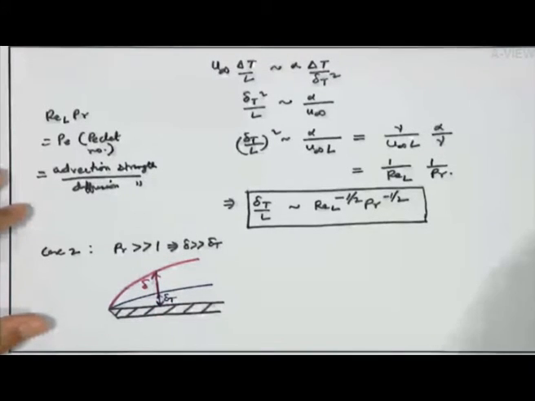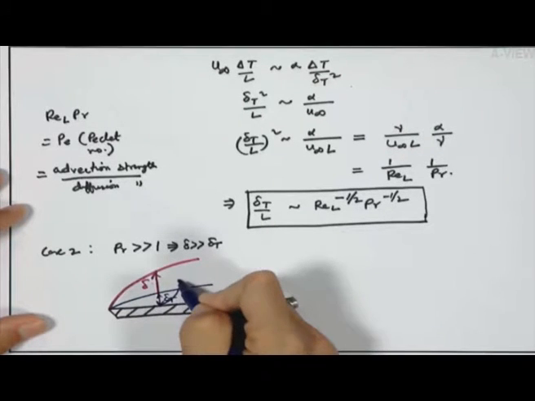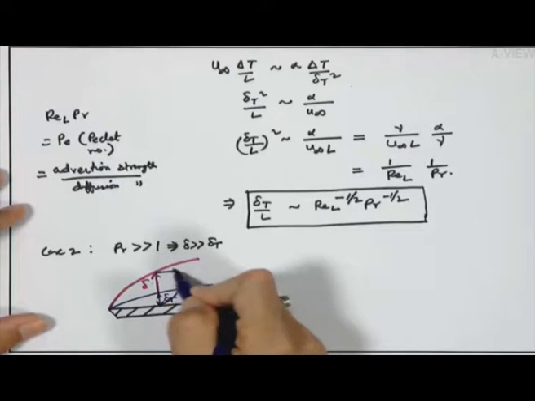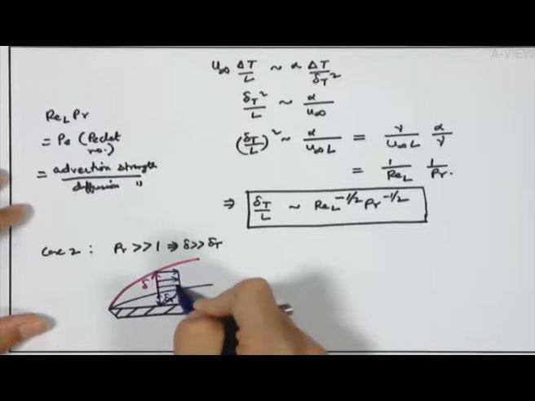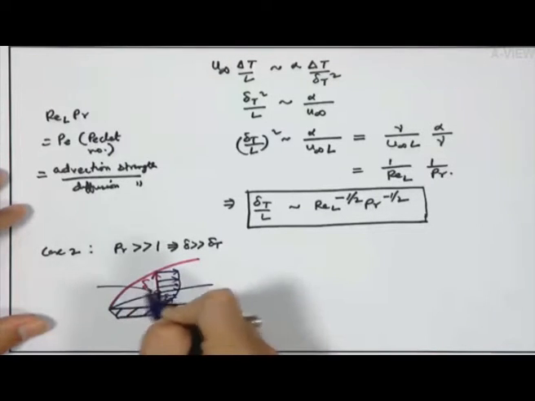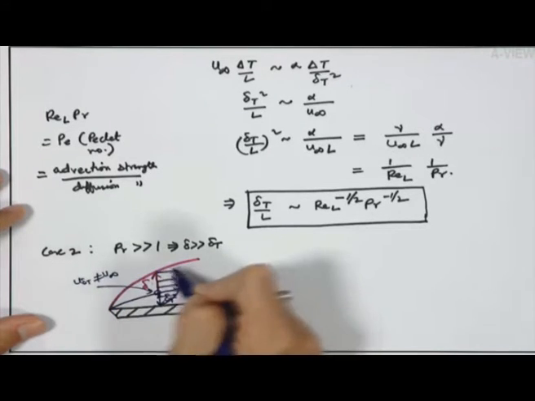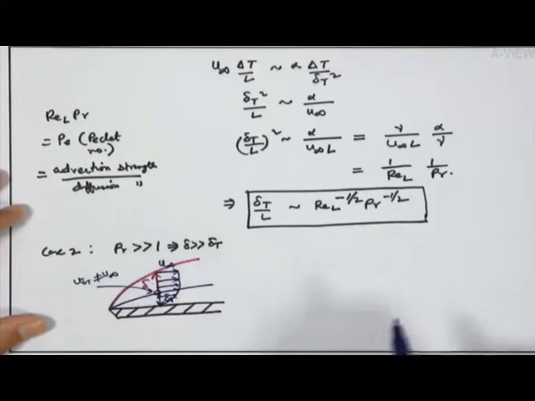So, if you draw the velocity profile, then U at delta T, that is at this location, is not U infinity; U infinity is U at delta.